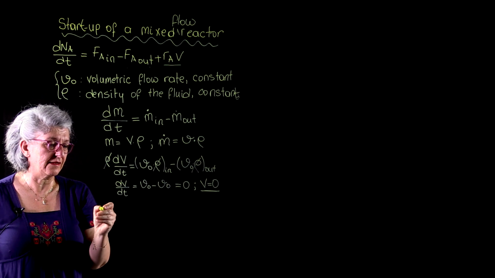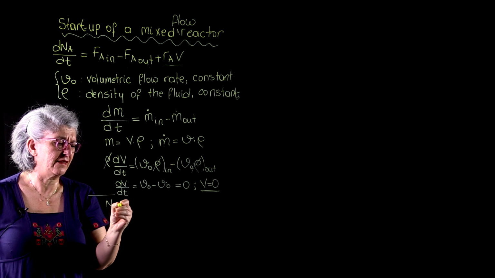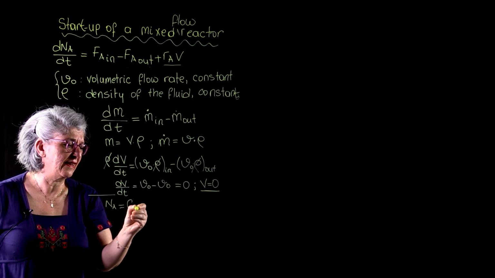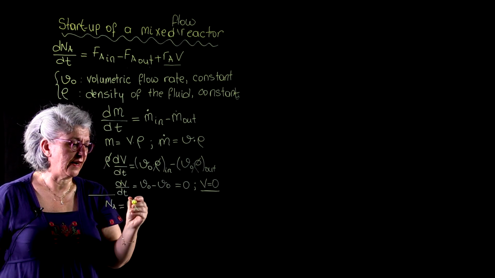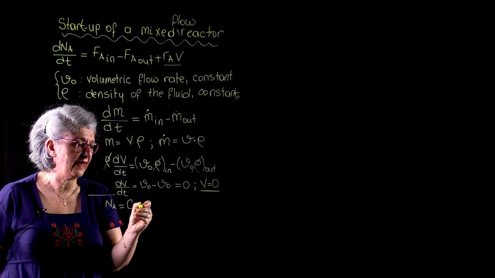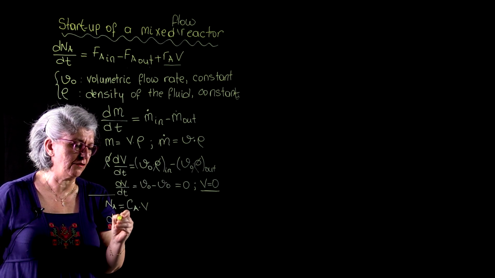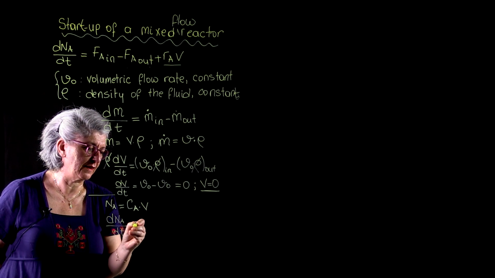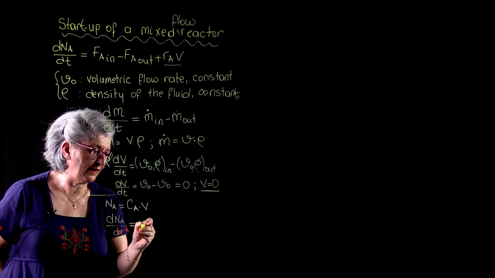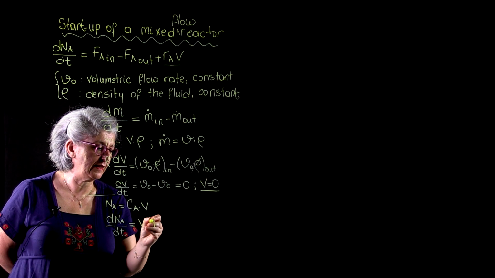Remember, our volume is constant. As a result, NA being defined as CA times V, and I'm going to drop the subscript out from the definition. I'll just label the concentration as CA times volume. And as a result, dNA over dt will be V, I have taken V out of the derivative because it is constant, dCA over dt.